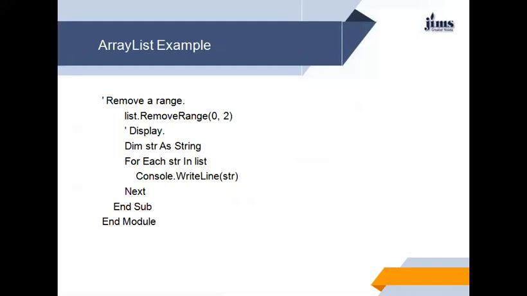Dim str As String, with the help of For Each str In list, Console.WriteLine, you can print the things like this. So insertion, addition, removal, inserting an element at a particular position, removing elements from a particular range: different operations you can perform on an ArrayList.